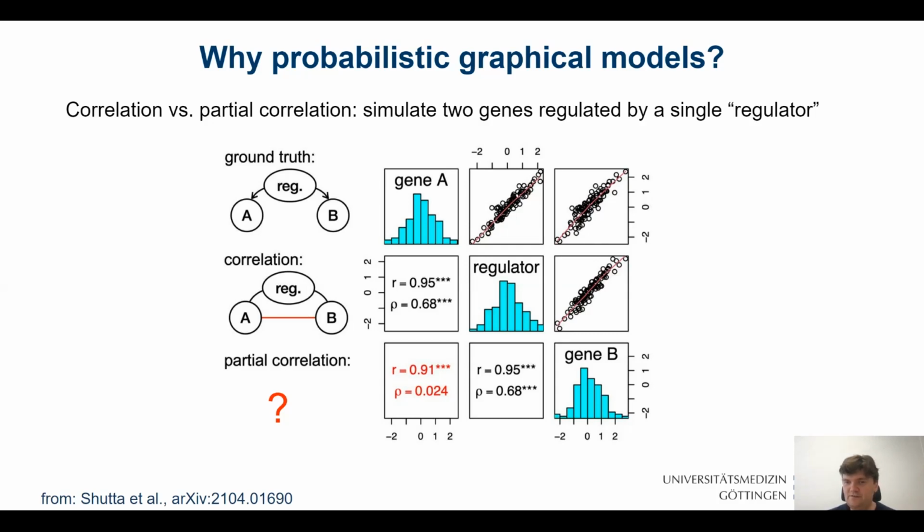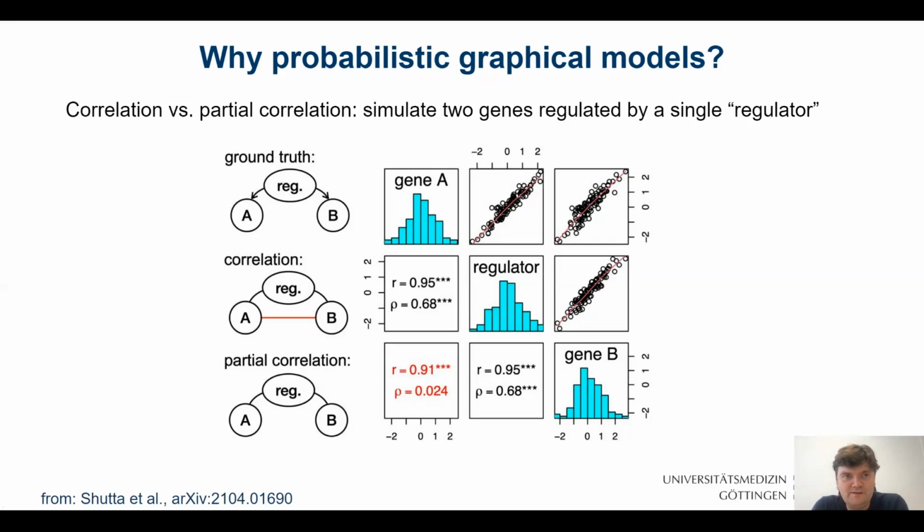But the red number, the rho, now decreases to something near 0. So also they lie almost on a line. Basically, the partial correlation diminishes. That means partial correlation can resolve the basic structure of what we simulated.